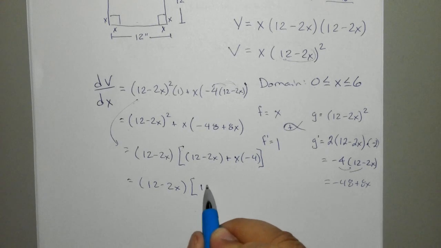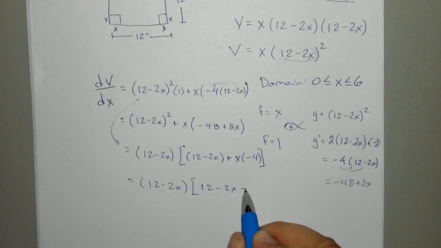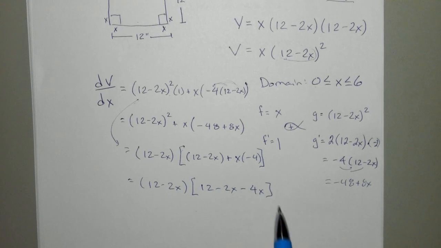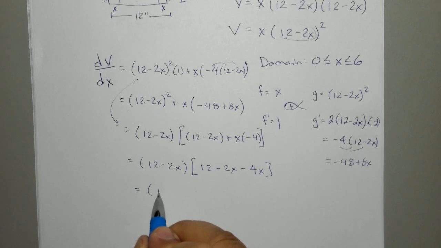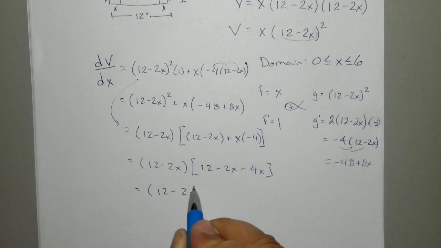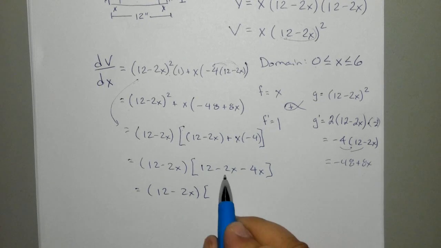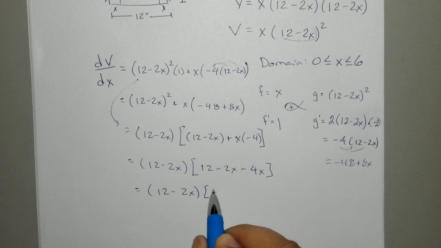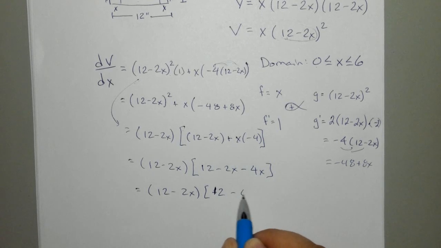Inside here we got 12 minus 2x minus 4x, minus 2x minus 6x.